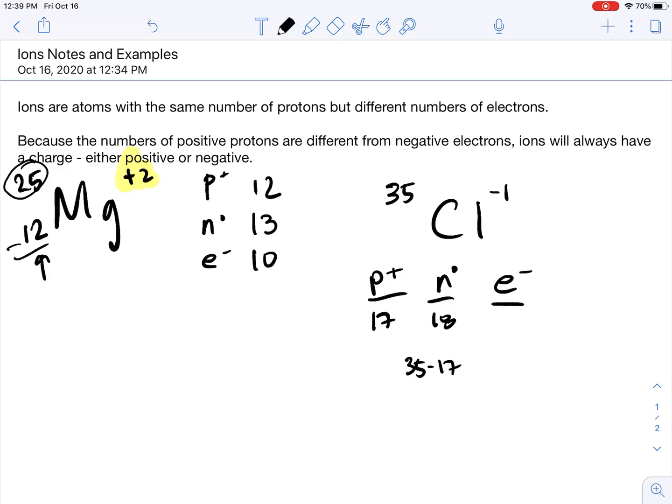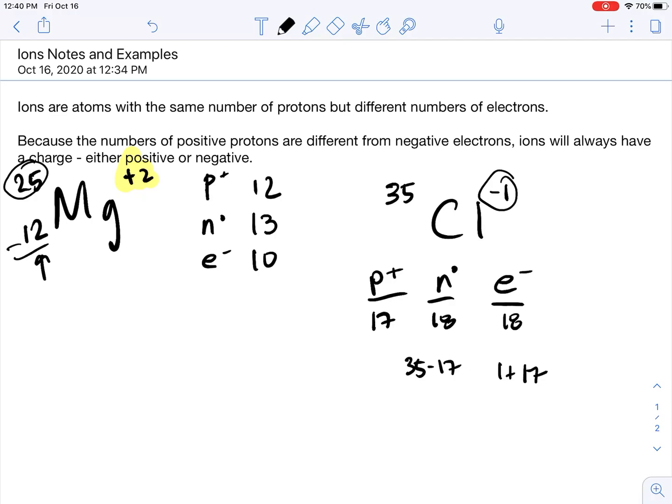For electrons, you've got a -1 right there, the overall charge on the atom. So you have 1 more electron than protons. You take 1 plus 17, doing the opposite: it says -1, but you really add 1. So you have 18 electrons.